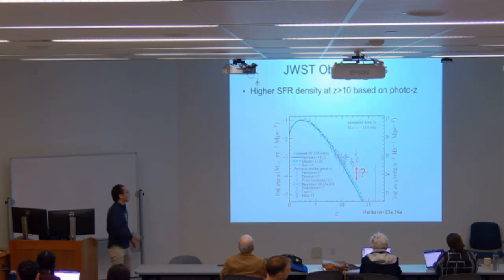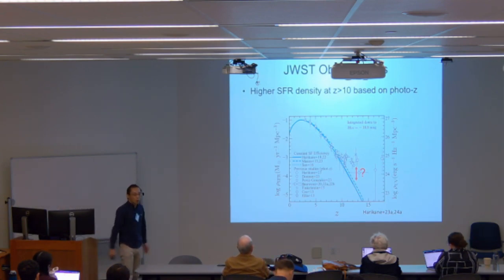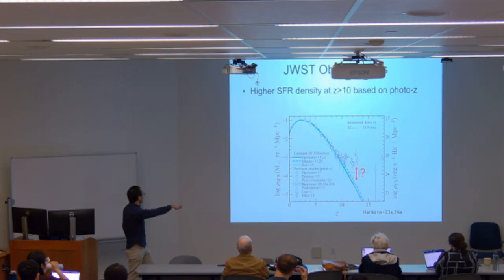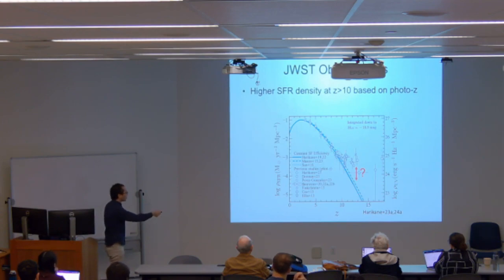Here, this is a model assuming a constant star formation efficiency. Although this model can nicely reproduce the redshift evolution from 0 to 10, beyond redshift 10 these models start to underpredict the star formation rate density. So there may be a tension between the JWST observations and the model predictions.